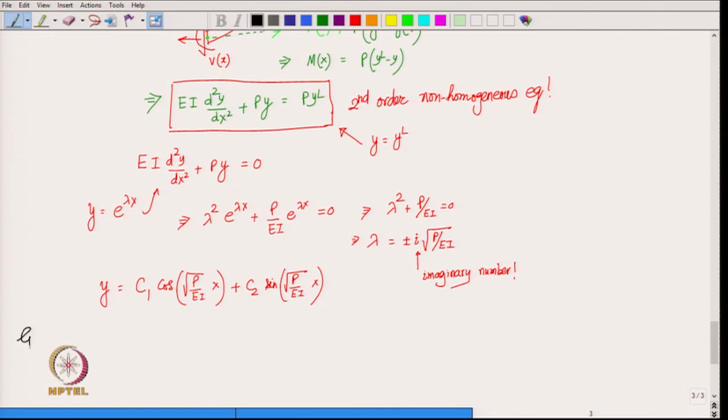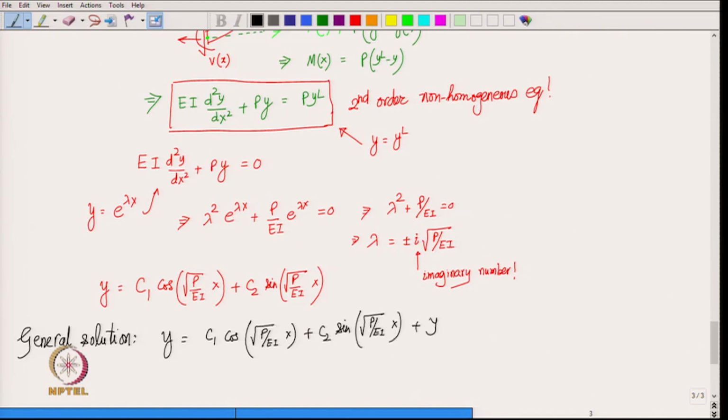So, therefore, the general solution is y equals C1 times cosine of square root of P by E I into x plus C2 times sine of square root of P by E I into x plus y of L. Okay. So, that is your general solution, and we have two integrating constants C1 and C2, for which we have to apply the boundary condition.